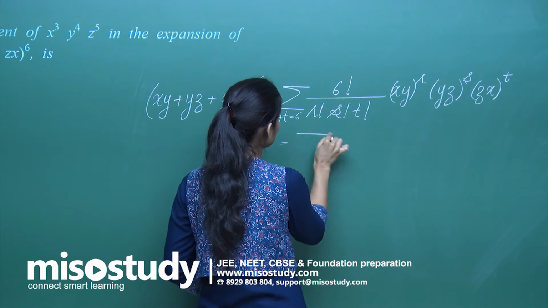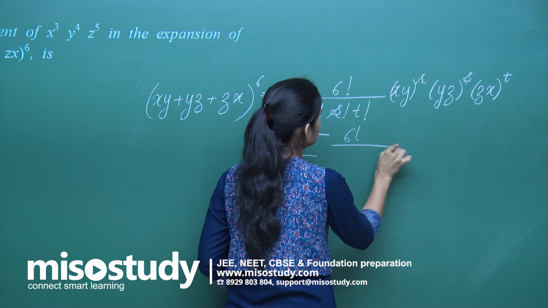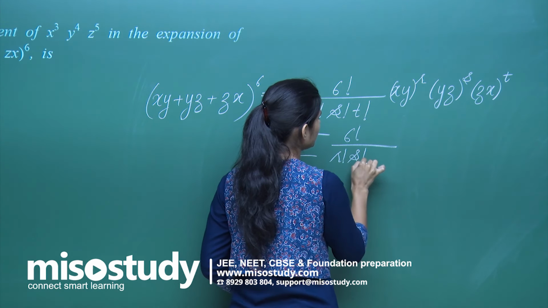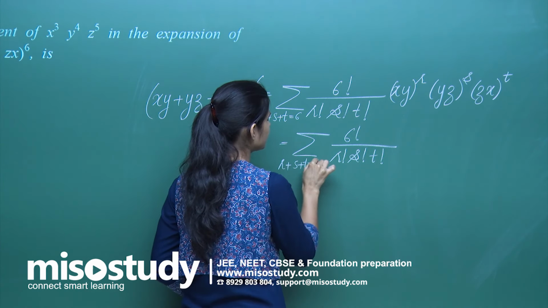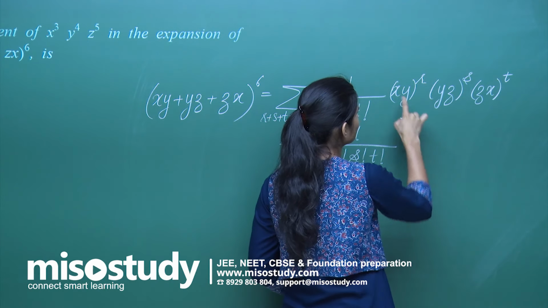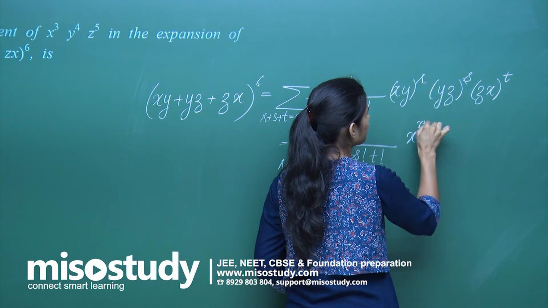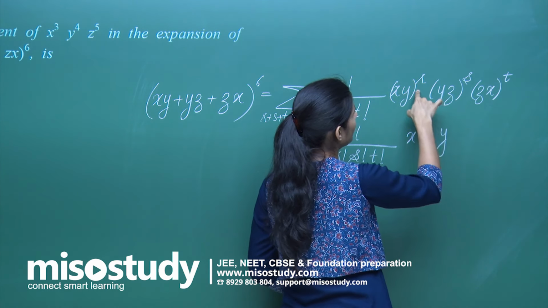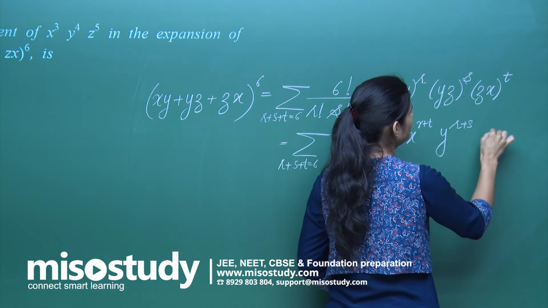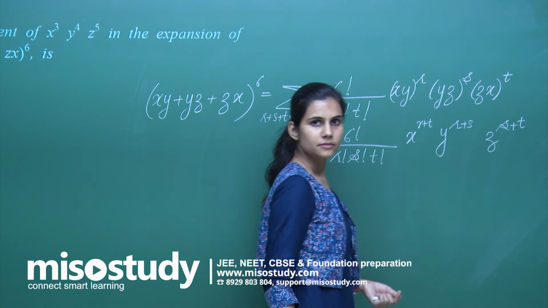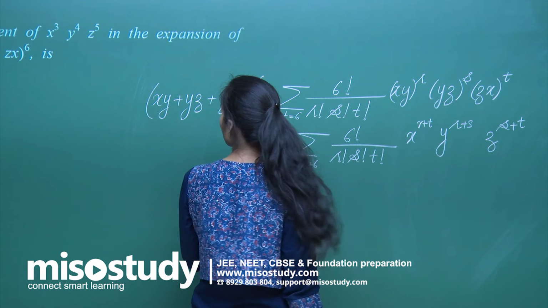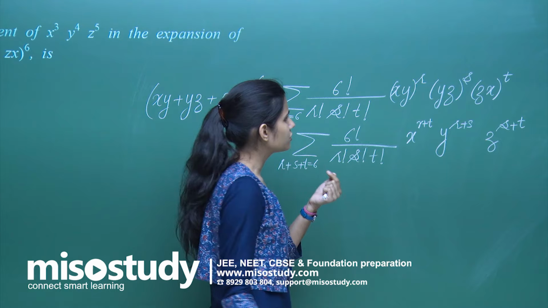So from here you get summation 6 factorial upon r factorial s factorial t factorial, r plus s plus t is 6. This becomes x to the power r plus t, y to the power r plus s and z to the power s plus t. You want the coefficient of x cube, y to the power 4, z to the power 5.